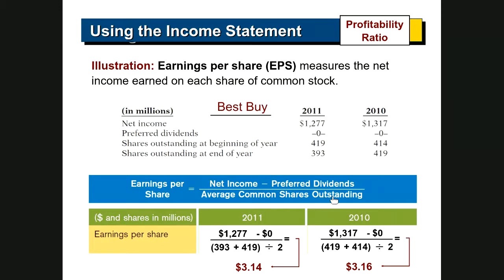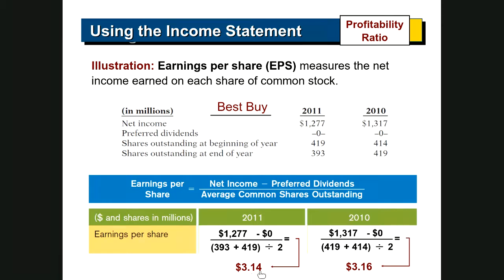The average common shares outstanding is calculated by taking the beginning balance and the ending balance of the common shares and taking the average. So you have 393 plus 419 divided by 2, right? And then you have the net income minus the preferred dividend for 2011, and it's $3.14 per share.